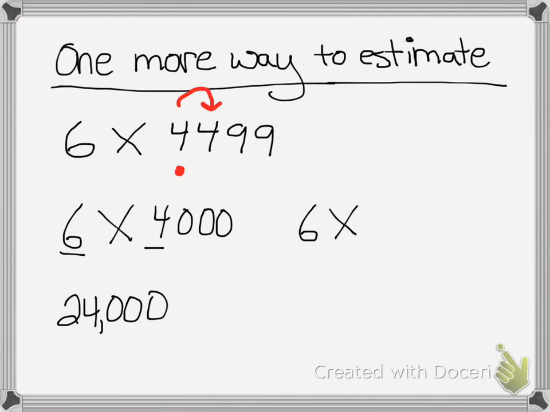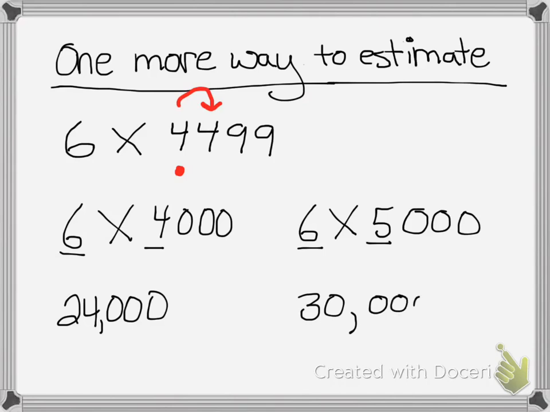This is so that we can get a range in which our answer will be. So 6 times 5,000 is 6 times 5 is 30. Well, it's not just 6 times 5, it's 6 times 5 groups of 1,000, so that's 30 thousands.